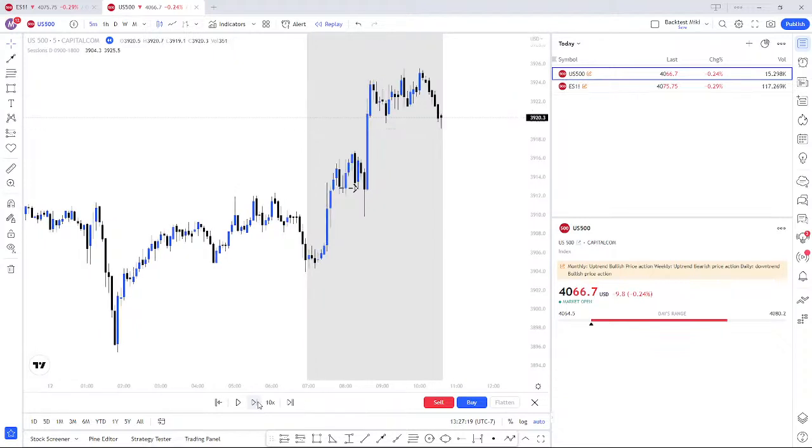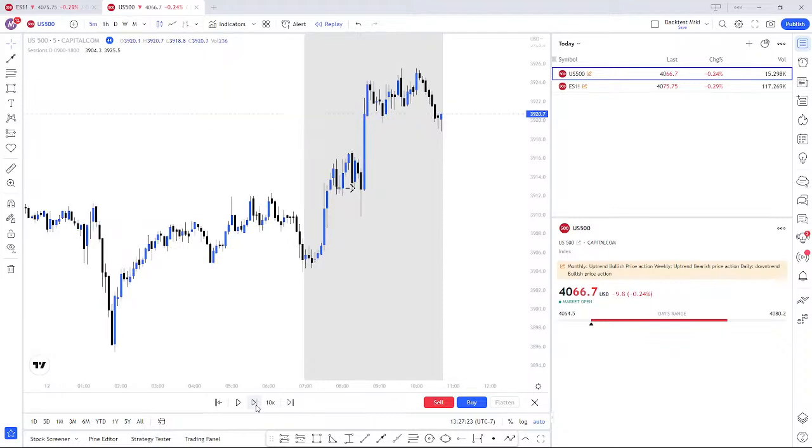No entry, as it broke the low. I don't know, it's not low enough for me to want to get in. I know we can bounce at any point in this whole area, but it's not low enough.